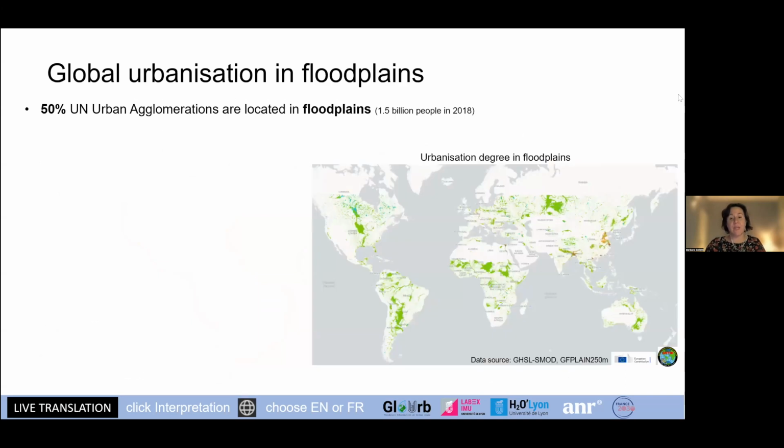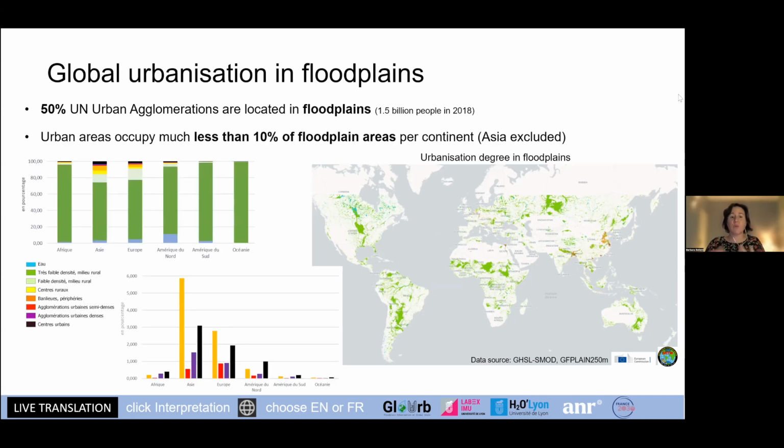So what's the link with the floodplains? Well, half of these 868 agglomerations or cities are within alluvial plains or floodplains. So it concerns about 1.5 billion people. But if we take a look at how the floodplains are located in terms of urban growth, we can see that cities are concentrated in some zones, and usually they occupy less than 10% of the floodplains for each continent, excluding Asia.